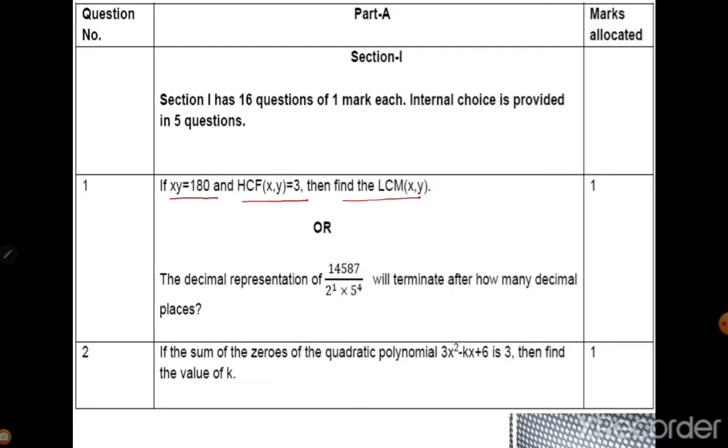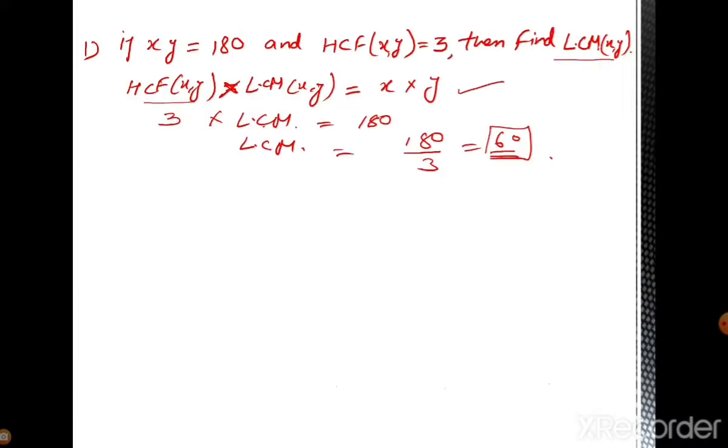Let x be in p upon q form. We are given that x is equal to 14587 divided by 2 raised to power 1 into 5 raised to power 4.